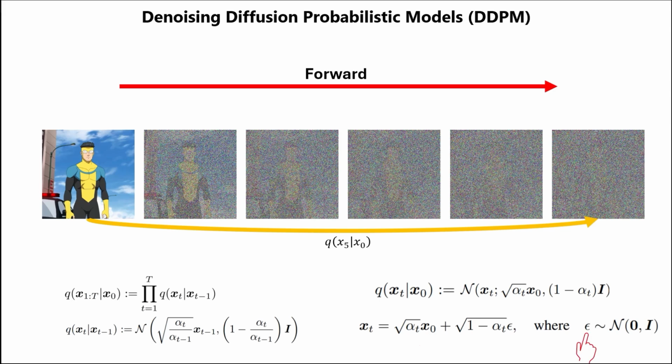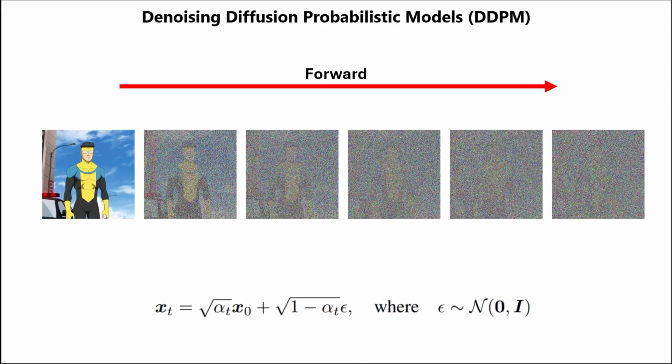Then we sample epsilon from a random distribution with 0 mean and unit variance, and we add this noise, but first multiplying it by a coefficient. As I told you before, this alpha_t is a hyperparameter coming from a scheduler that we are decreasing over time. Finally we get x_t, a noisy image that we desire.